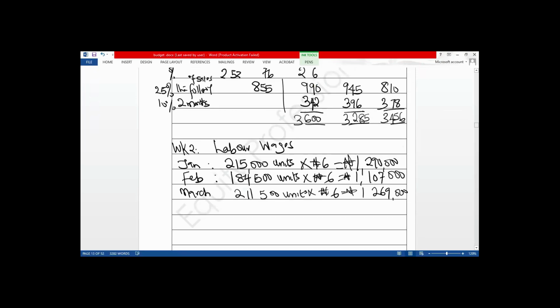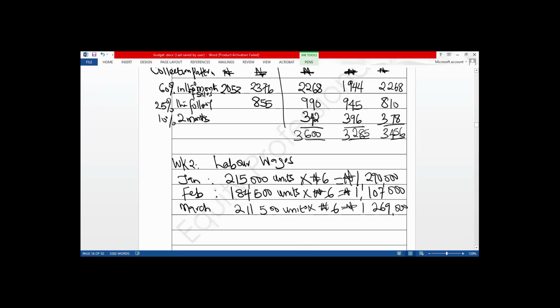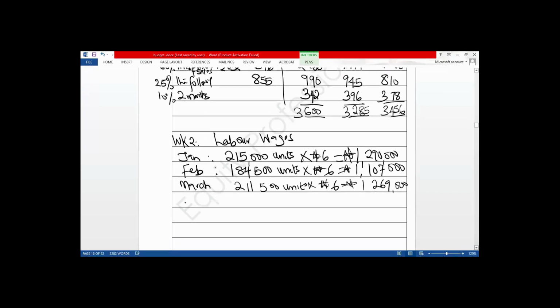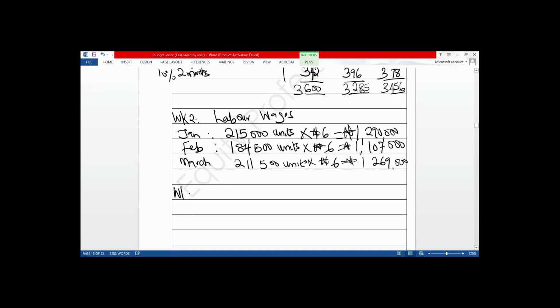So working 3. Variable overhead costs incurred. Please note, there is difference between cost incurred and cost paid.